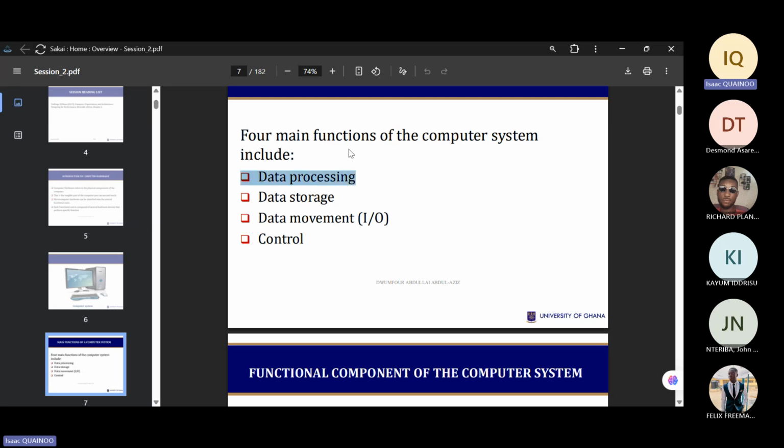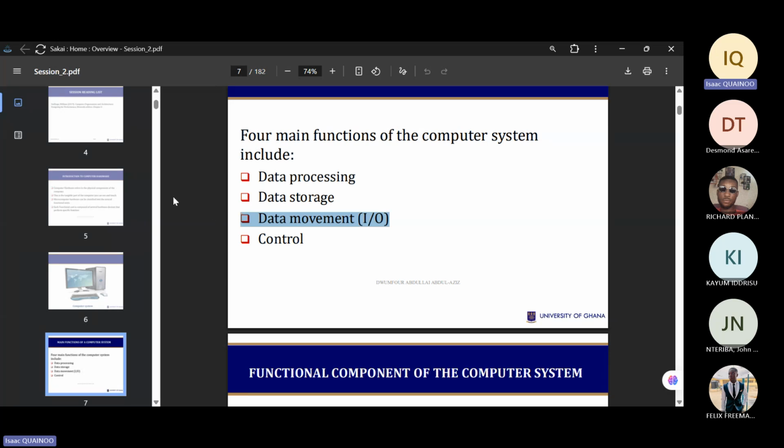The computer cannot process data unless you fed it with data. That is, you've sent in an input. And to do that, we need input-output mediums or input-output devices. So computers should have these facilities available that enable it to receive data and to also output data.